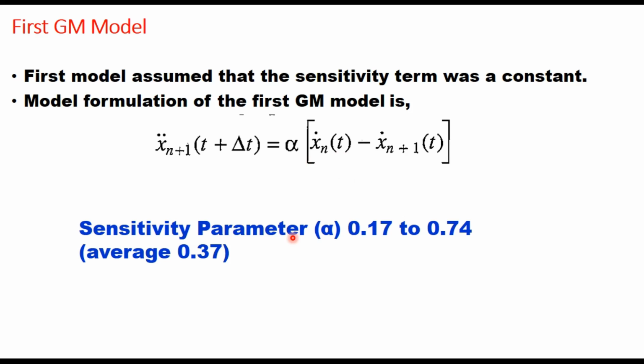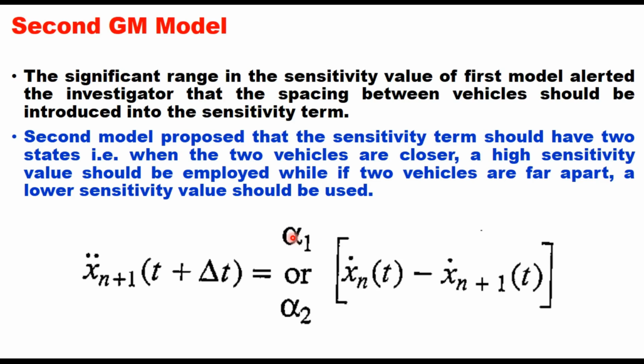The sensitivity parameter ranges from 0.17 to 0.74 with an average value of 0.37, and this is a very wide range. The significant range in the sensitivity value of this model indicated a need for spacing between vehicles to be introduced into the sensitivity term, and that is how the second GM model was proposed.